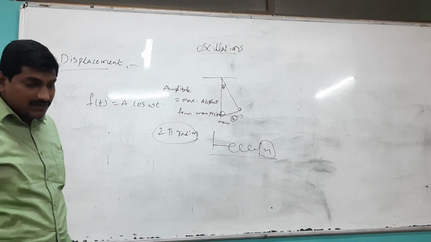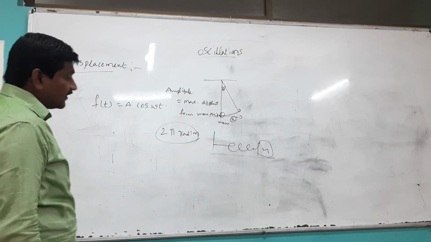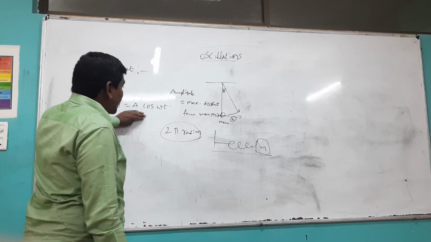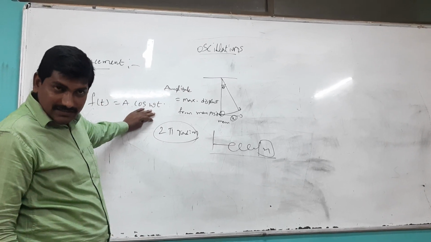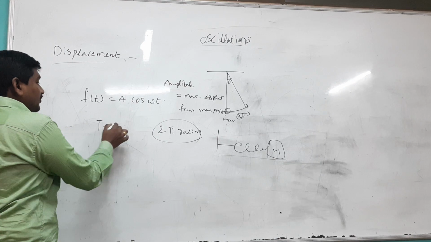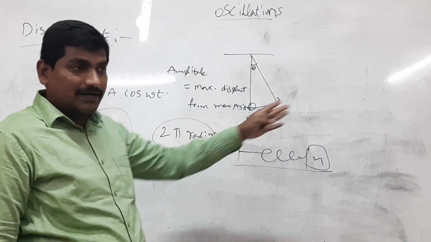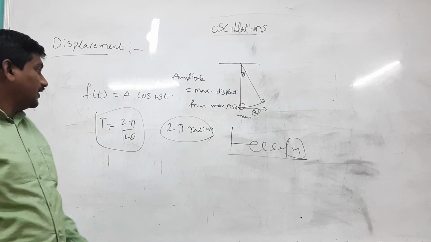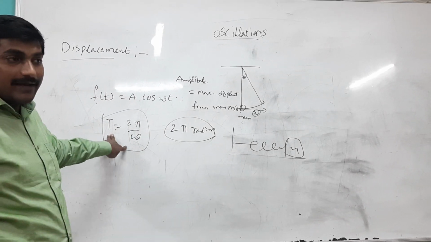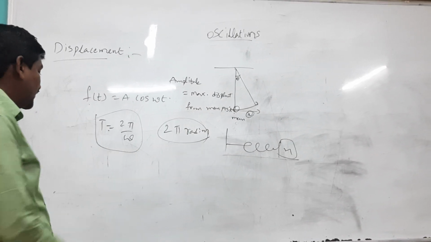So whatever the time period change is, the function of time f of t equal to a cos omega t also changes. Time period, in the sense of capital T, equals 2 pi by omega, from the basic time period definition. So how am I going to represent this T with respect to this equation?